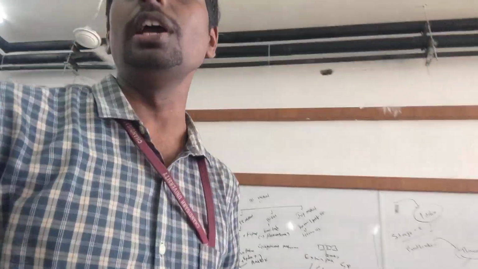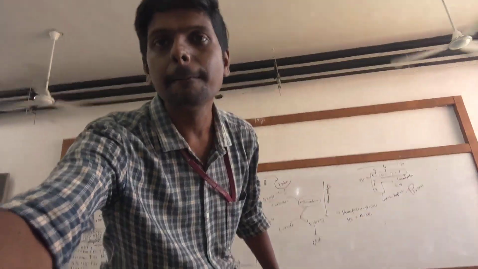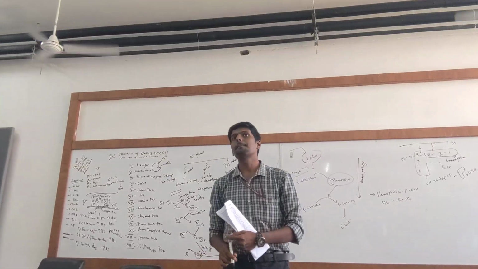Even though it is a factor deficiency, why does hemophilia lead to bleeding? Usually clotting time should be increased in hemophilia. But why is there excessive bleeding in hemophilia? What is the reason? Can you tell me the reason?